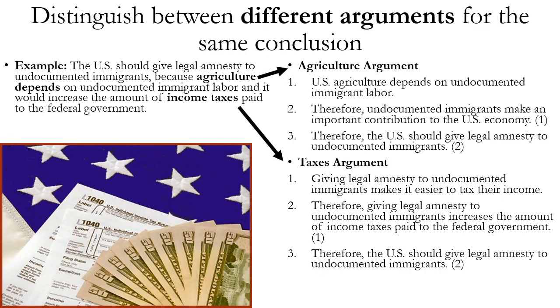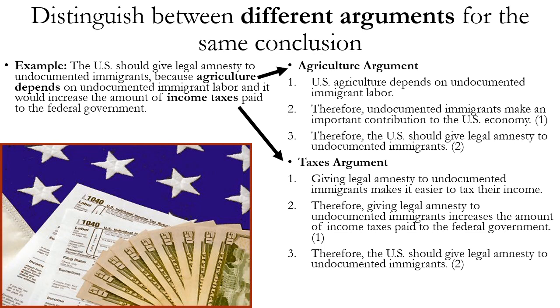It's also critical to distinguish between different arguments for the same conclusion. It's common in arguments that appear in ordinary language, whether written or spoken, to jumble together different justifications for the same conclusion. However, when we're doing issue analysis, we're looking at an issue systematically.